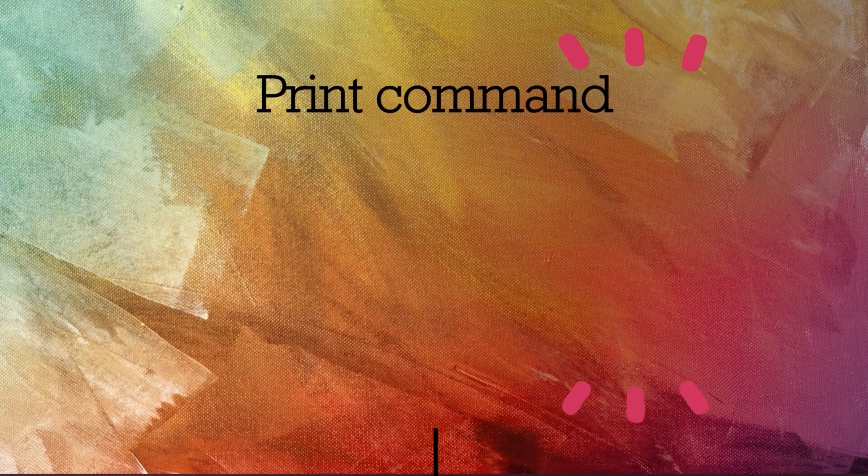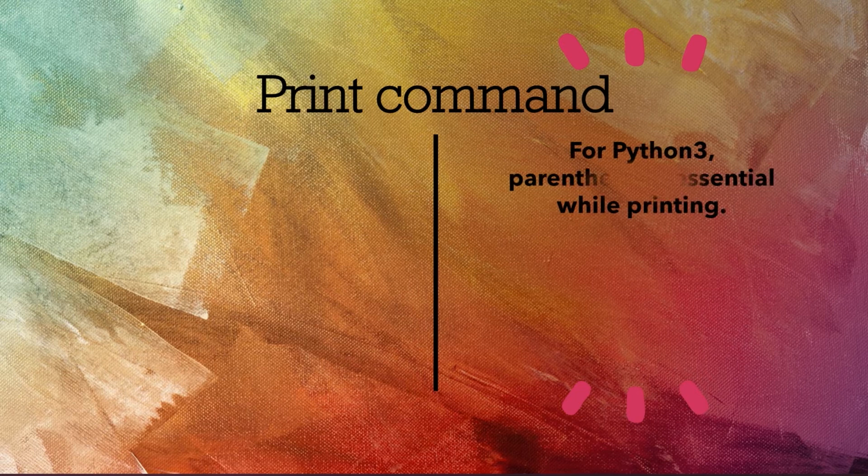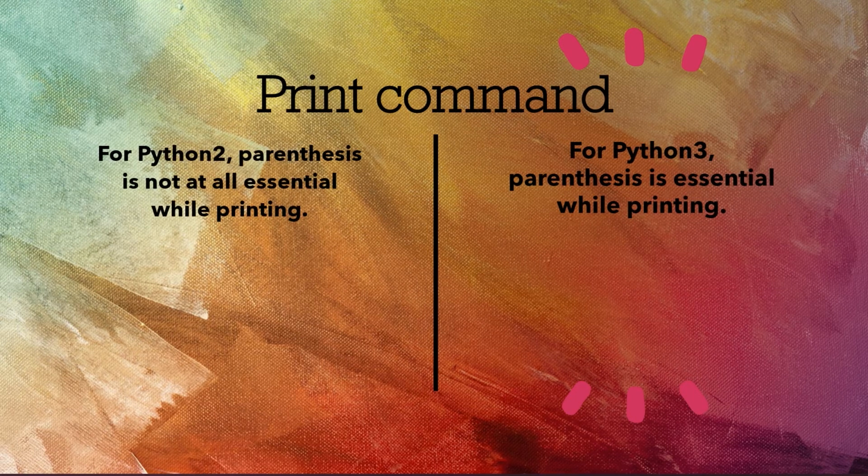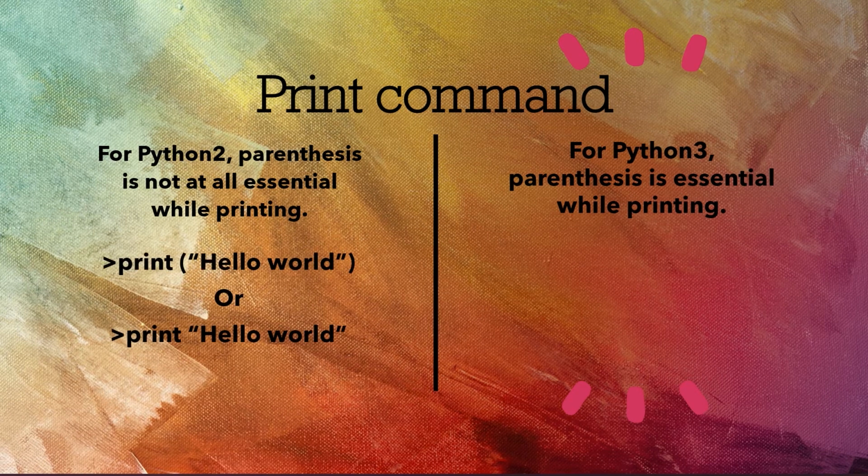The next is the print command. In case of Python 3, use of bracket or parenthesis is very much essential while printing any stuff. If you don't use a bracket or a parenthesis, a missing parenthesis error will arise in Python 3, but in Python 2, this use of bracket or parenthesis is not at all essential.